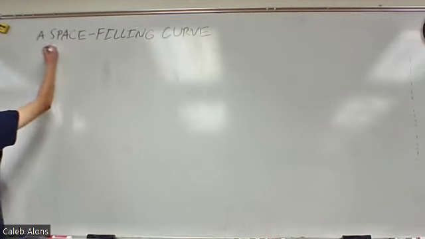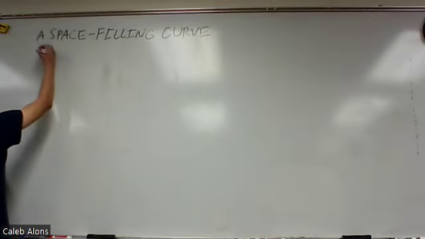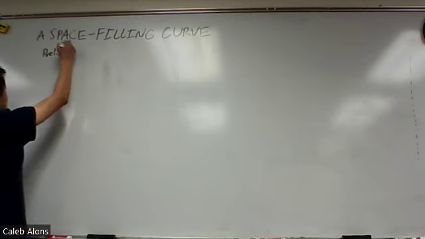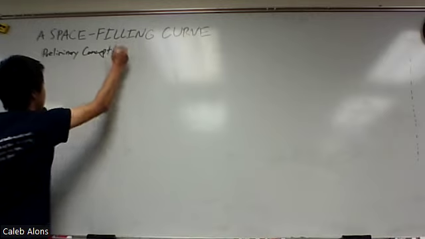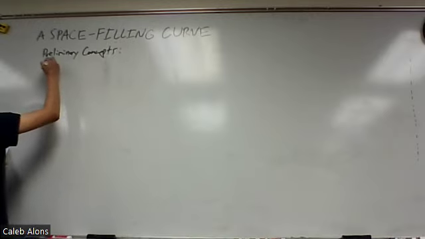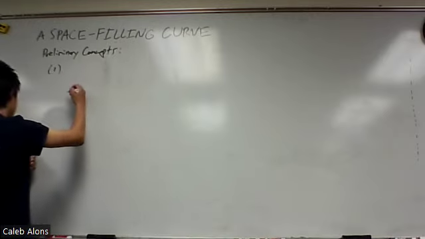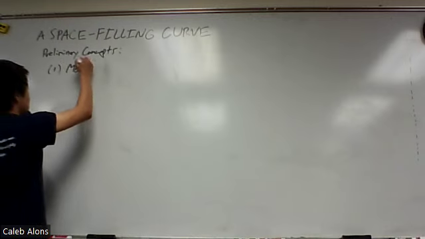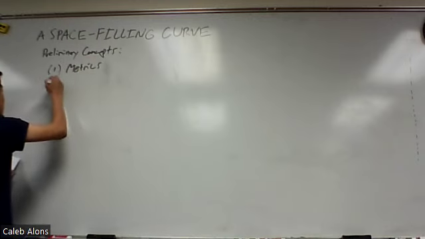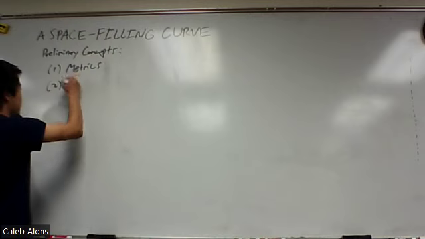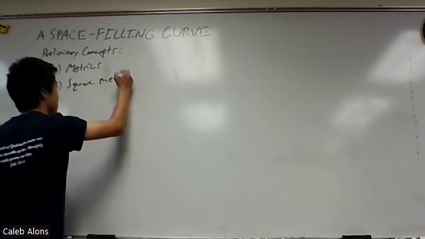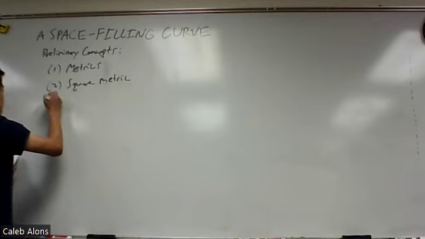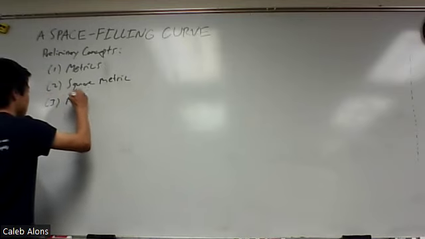Okay. So in order to get to our space filling curve, we need to do preliminary things. The first thing we're going to talk about is review. We're going to recall metrics, and from metrics, we specifically are interested in this square metric. And then we want metric spaces.